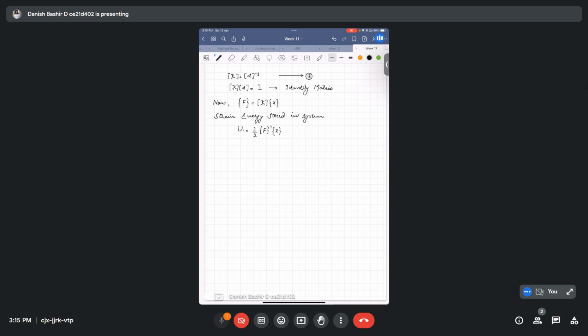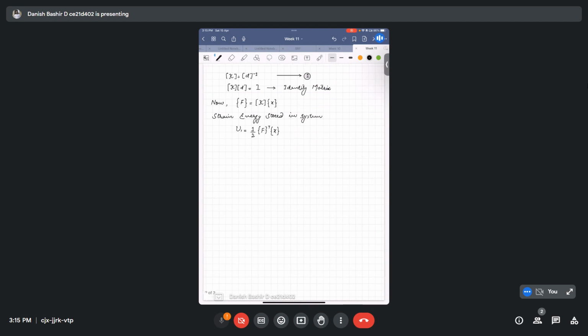Since we are multiplying two vectors, we have to take the transpose of the first, F transpose x. This is equation two.